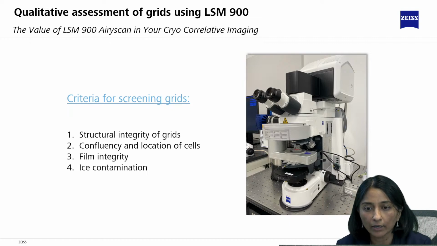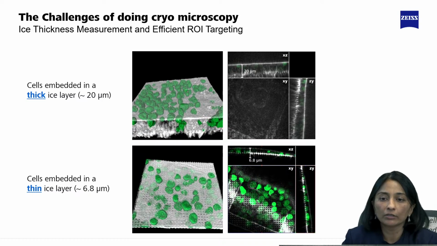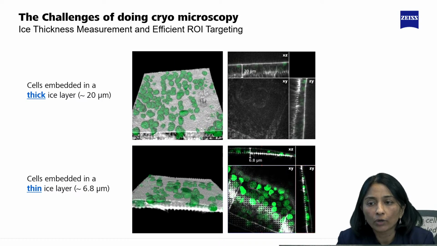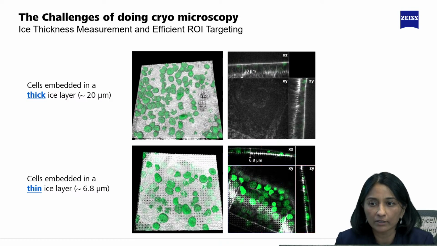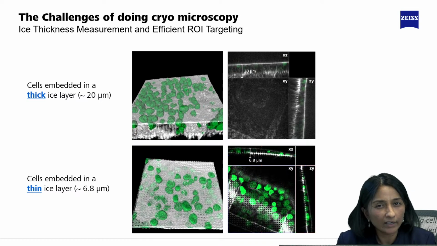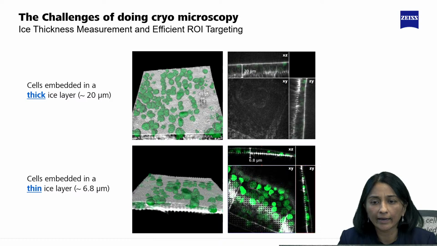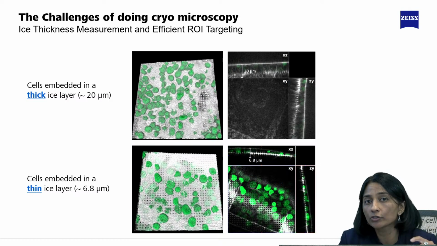So let's look at an example of why ice contamination is essential to evaluate. If it's samples that are perfectly frozen, it's in a very thin layer of ice. Using reflected light on the light microscope, you are able to judge the thickness of ice.